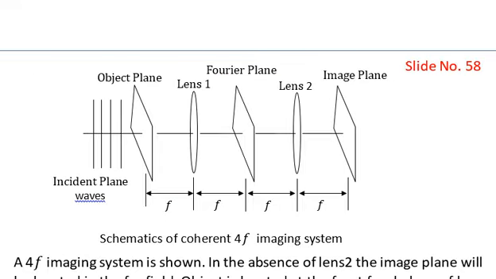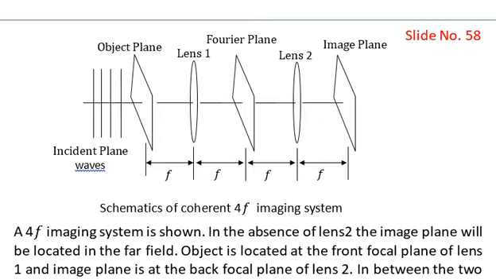Here I am going to describe that in the diagram. Look at this diagram. This is called the 4F imaging system, in the sense that we have four separations equal to f. Lens L1 is at a distance f from the object plane, or in other words the object plane is located at the front focal plane of lens L1.